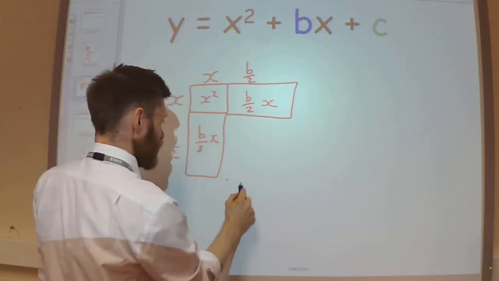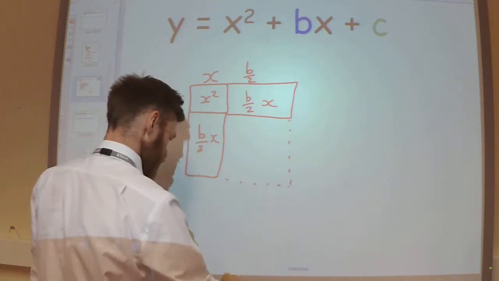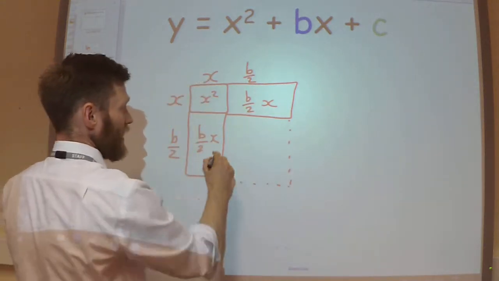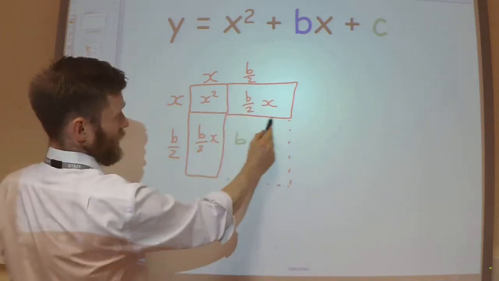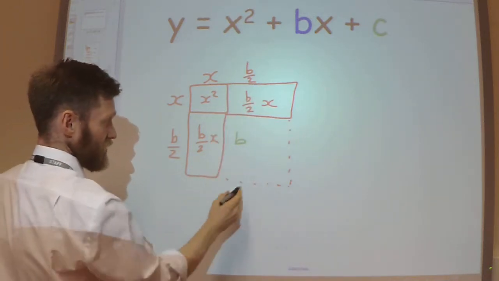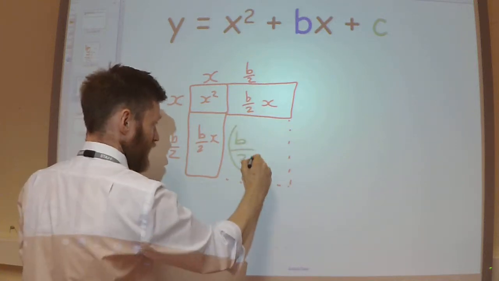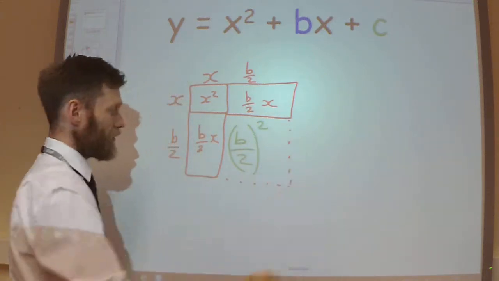We can see that we've got our missing square here, where the width is b over 2, the height is b over 2, so the area would be b over 2 squared.